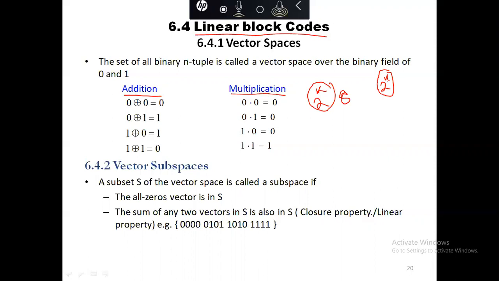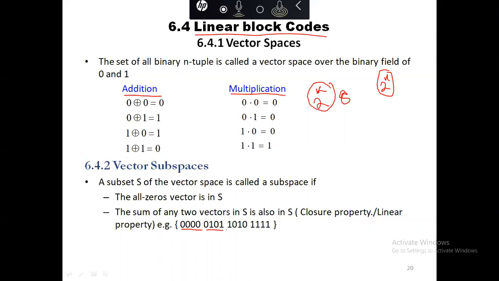So it means 2 raised to power 4 is 16, and 2 raised to power 2 is 4. So we choose 4 codes from these 16 combinations.